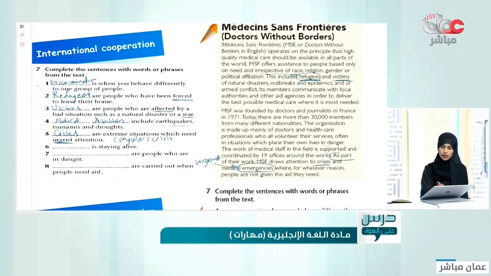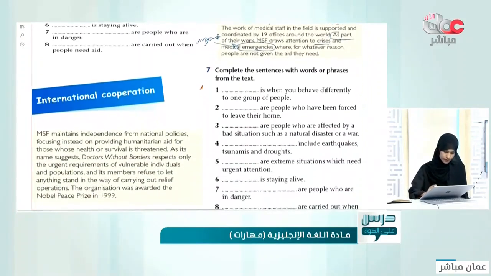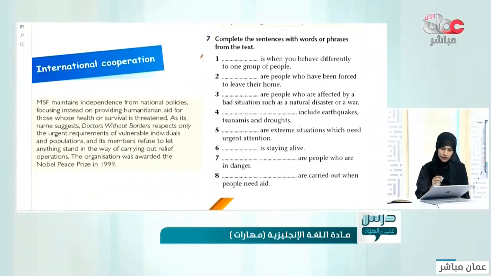The 6th one says dash is staying alive. I guess it's going to be the other paragraph here. We have finished from 1 to 5, we're in 6 now. Staying alive, MSF maintains independence from national policies, focusing instead on providing humanitarian aid for those whose health or survival is threatened.